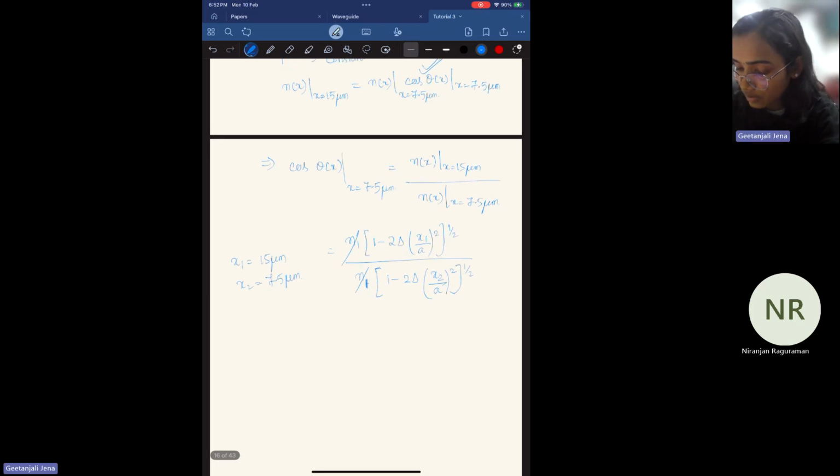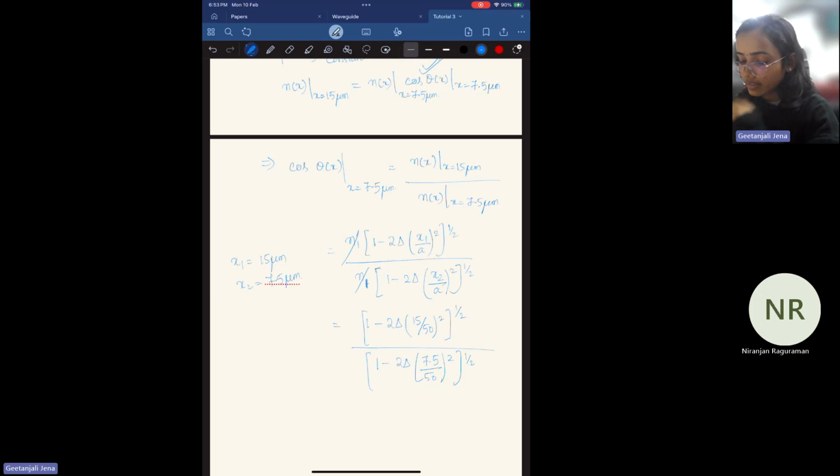So what we have now is (1 minus 2 delta 15 by 50 squared) to the half, and this is (1 minus 2 delta 7.5 by 50 squared).